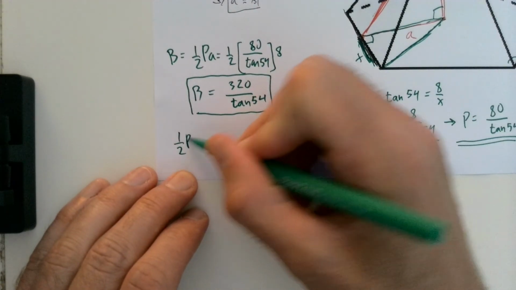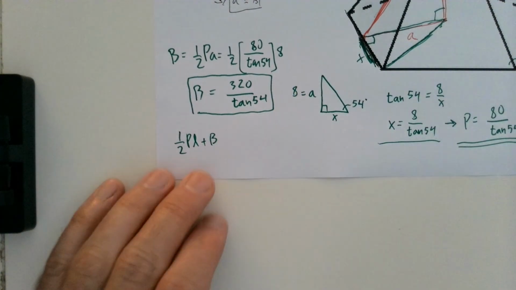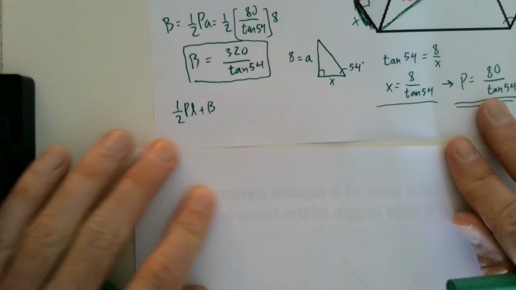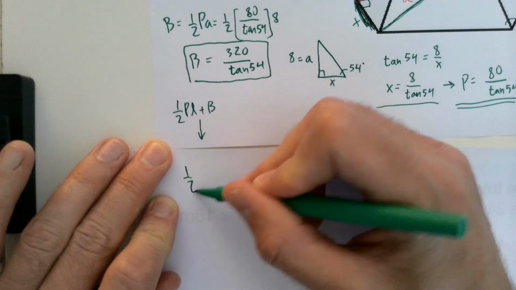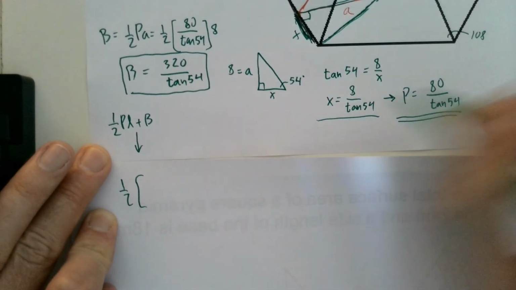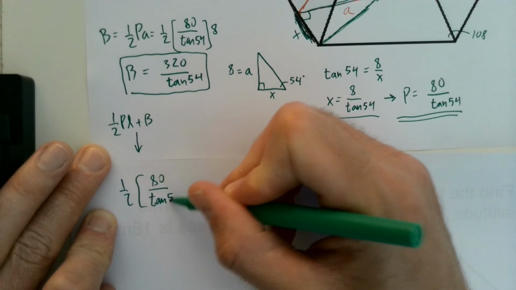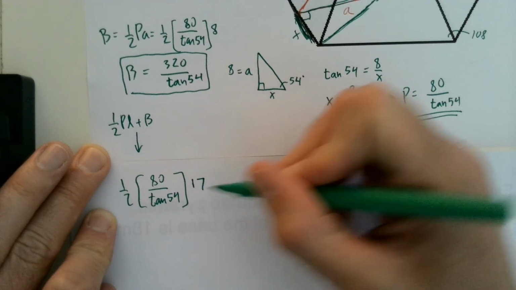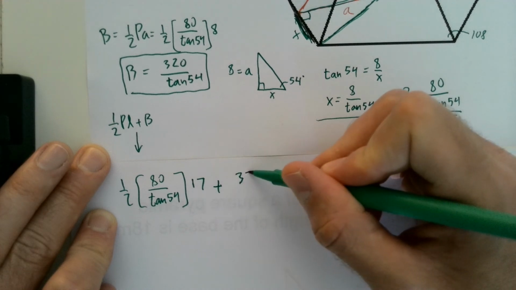Okay, so I need that in my formula. 1/2 perimeter times slant height plus area of my base. Need some more room to work here. So I'm gonna put some scratch paper up. So that's going to be half of our perimeter we found over here. Slant height they told us was 17 plus area of that base.